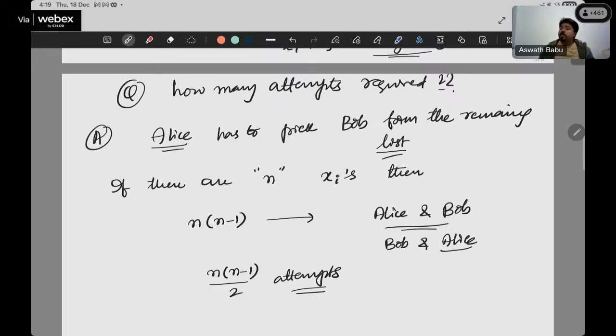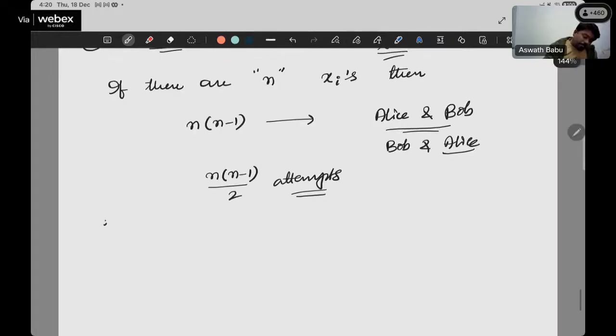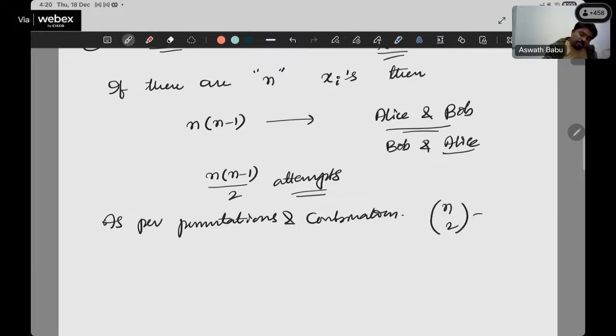As per permutations and combinations, this would be nC2, which is n into n minus 1 divided by 2. So this many attempts are required.